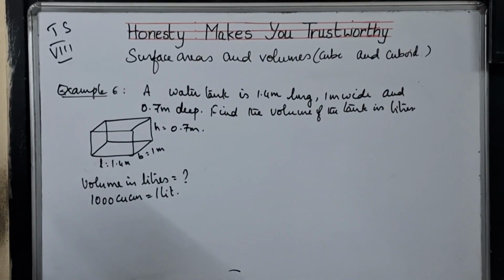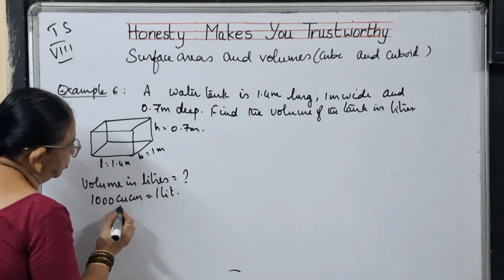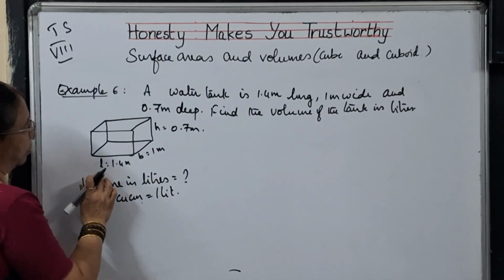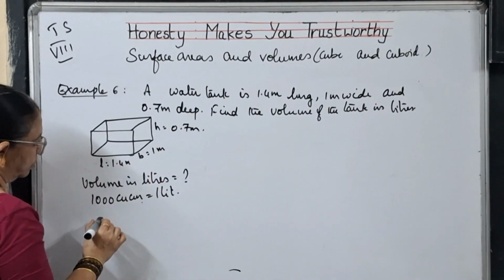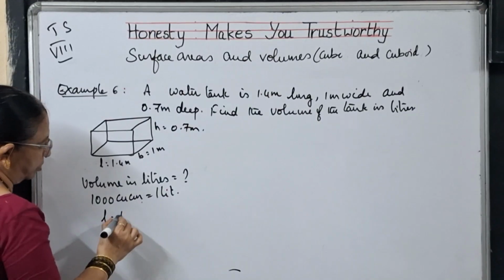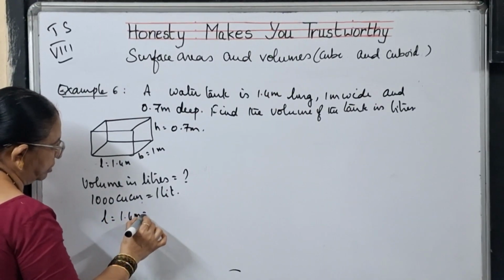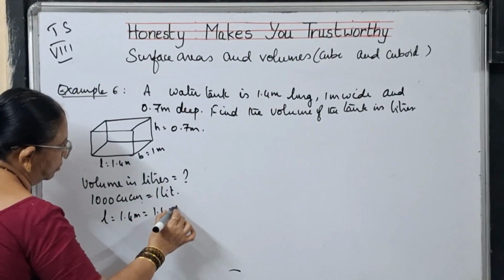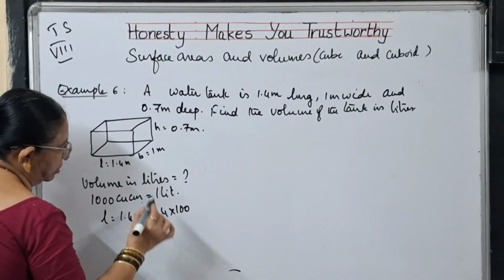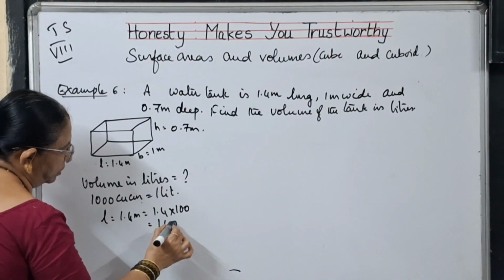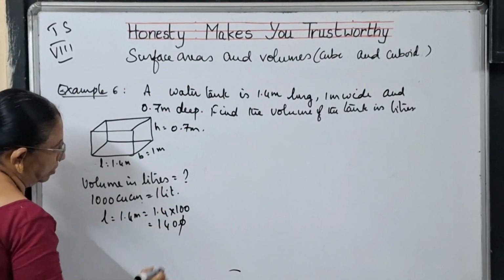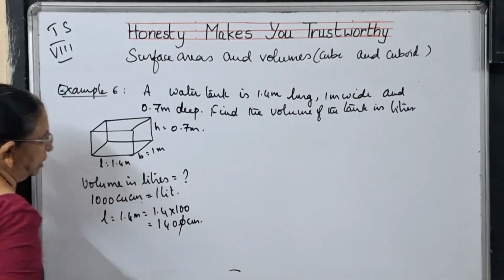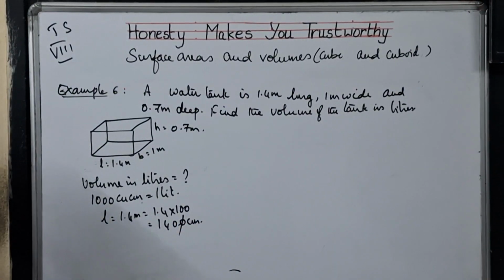You want everything in cubic centimeters, but you have everything in meters, so let us convert it into centimeters. 1.4 meters means 1.4 into 100, as 100 centimeters make 1 meter. That is 140 centimeters, the length.